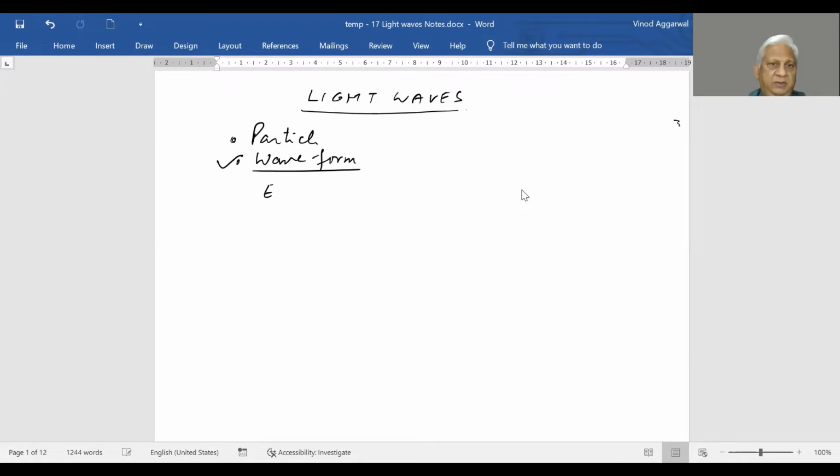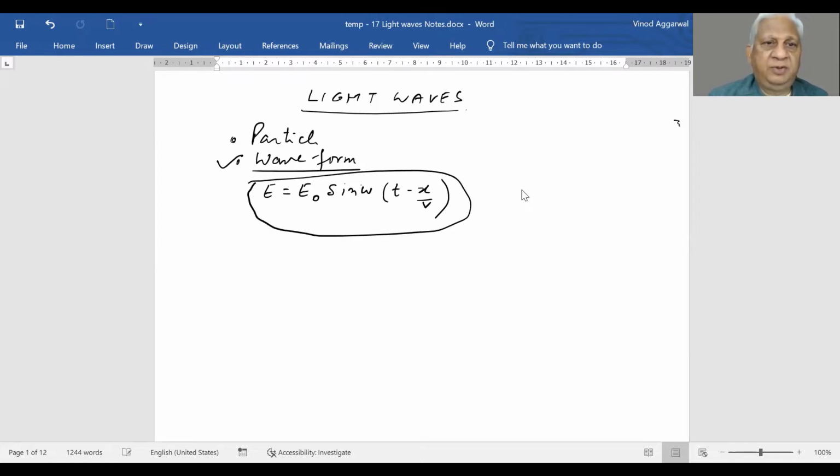And a general equation of a light wave is this equation you have seen umpteen number of times, except that we take E as electrical field, right?